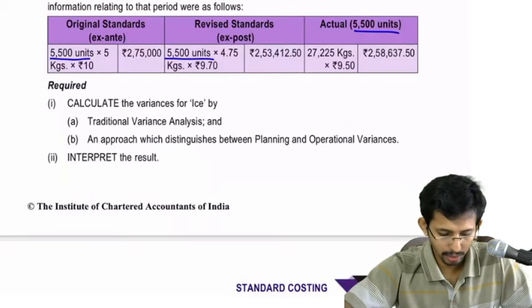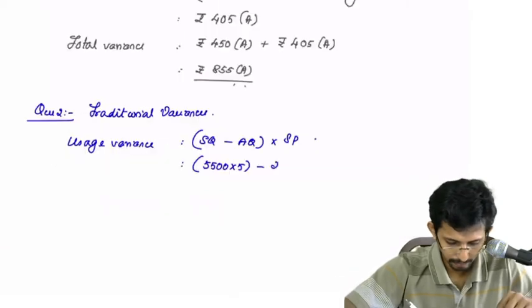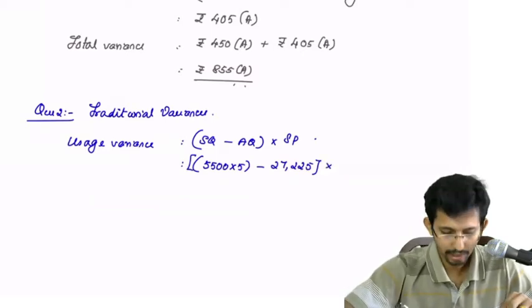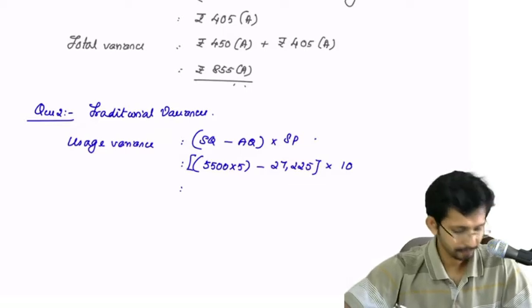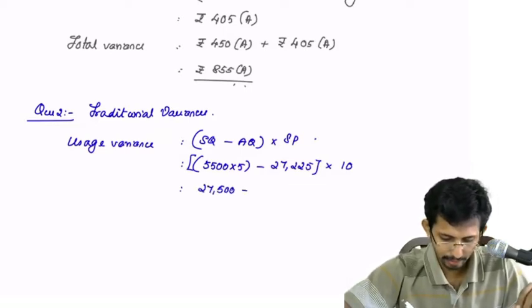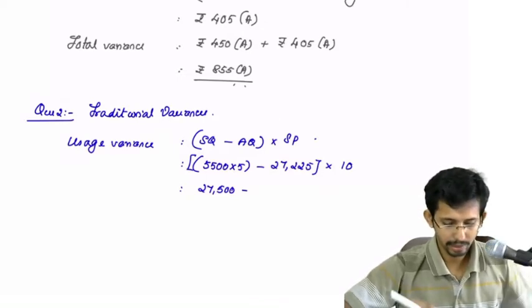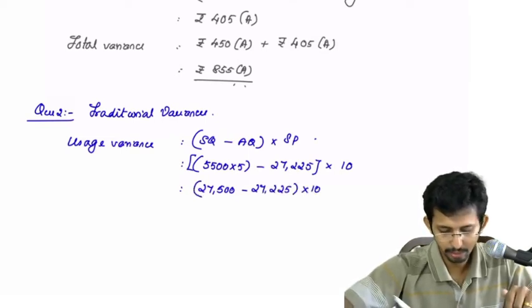Minus, what is AQ? AQ is 27,225. And what is SP? SP is rupees 10. So that will be 27,500 minus 27,225, into 10.